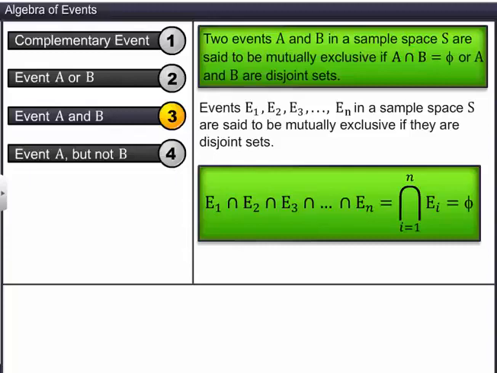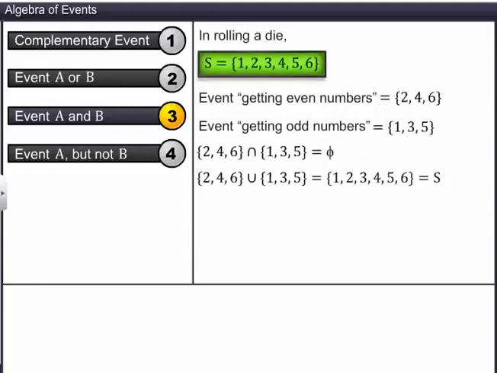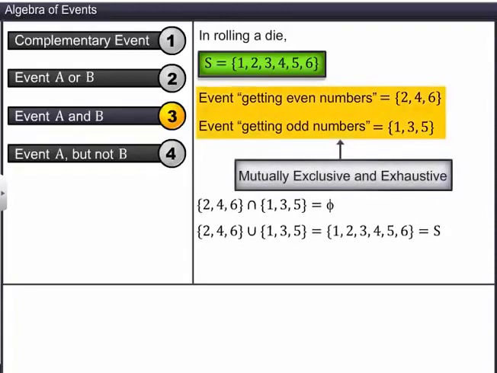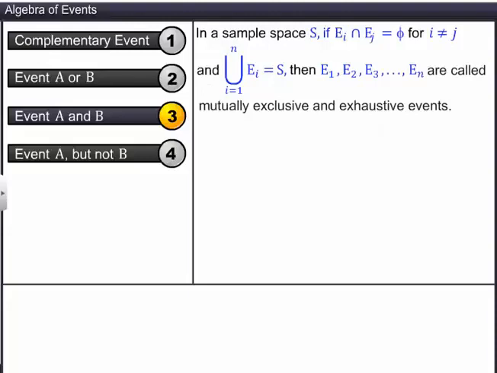For example, getting even numbers and odd numbers in an experiment of rolling a die. Such events are called mutually exclusive and exhaustive. In a sample space S, if any pair of 2 events Ei and Ej are disjoint, and the union of all the events is equal to S, then all the events are called mutually exclusive and exhaustive.